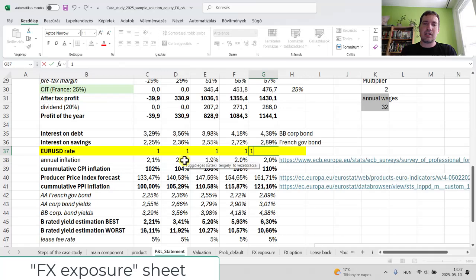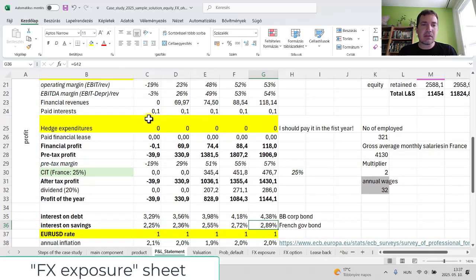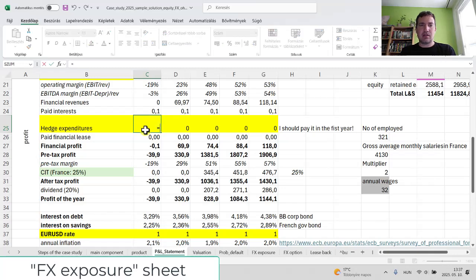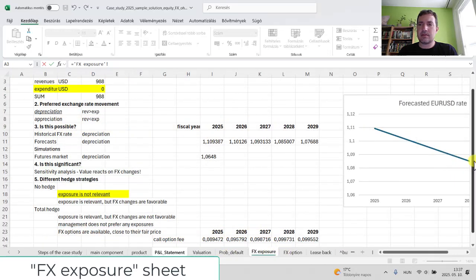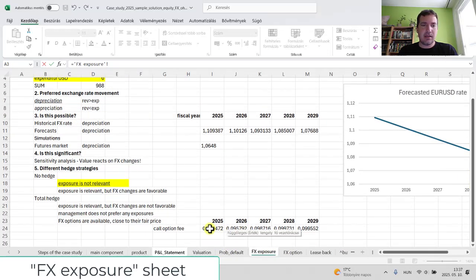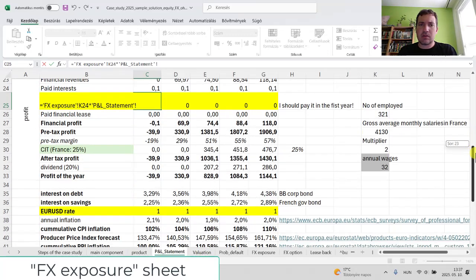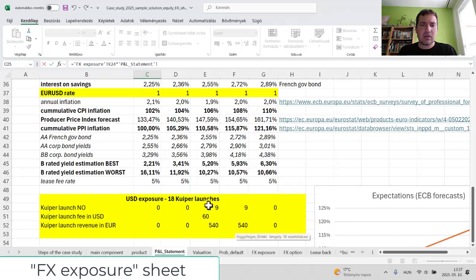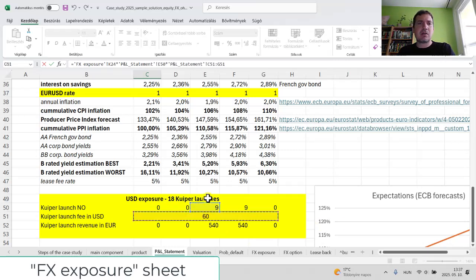So this will be the total hedge scenario, where everybody will have hedging expenditures, and since we are doing it right now, then call option fee for this year. Practically we have only call option year for this year, so this one multiplied by this number multiplied by this number.